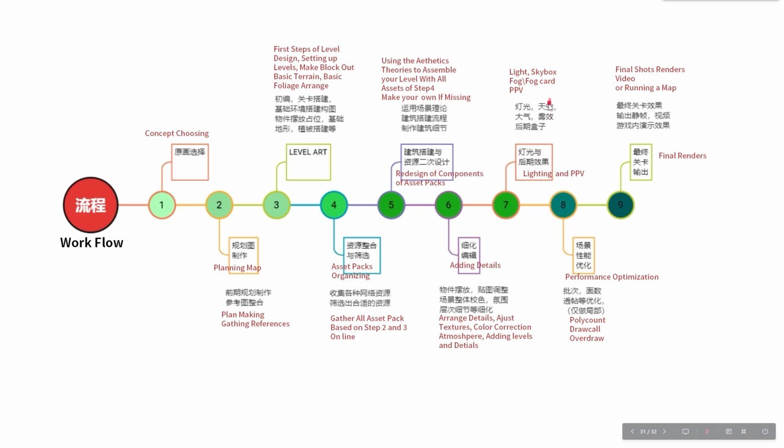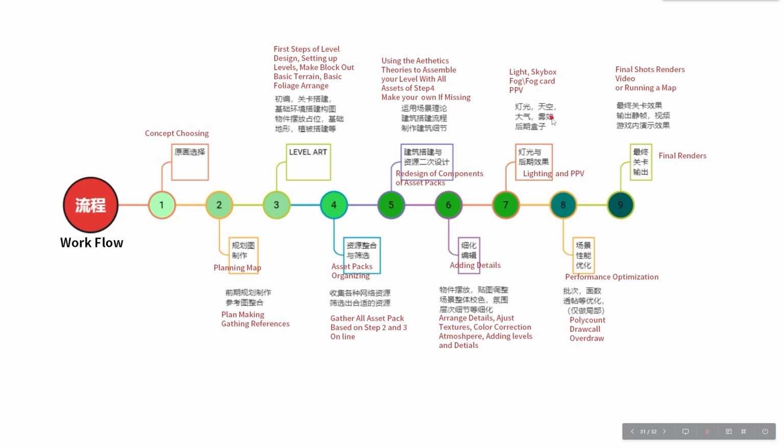Now we are dealing with the light and the sky, the atmosphere, the fog. At step 3, I think we already have some lighting settings, but that's only rough lighting. But in step 7, we will fine-tune the lights and the sky, for the different angles.